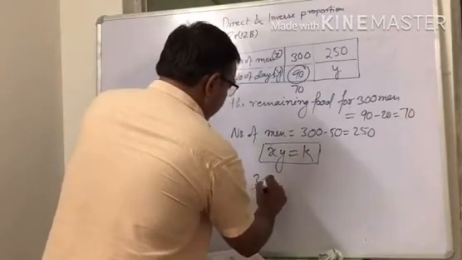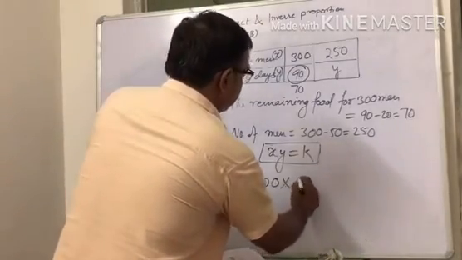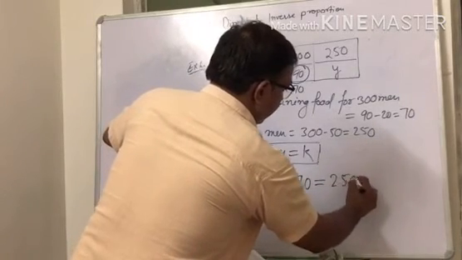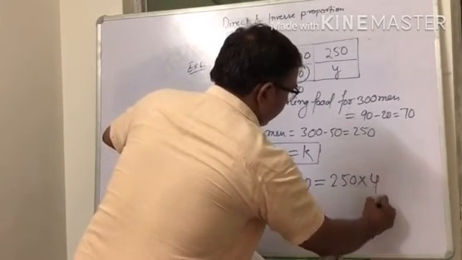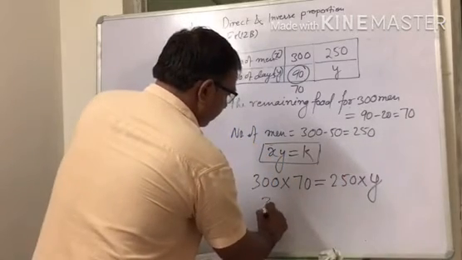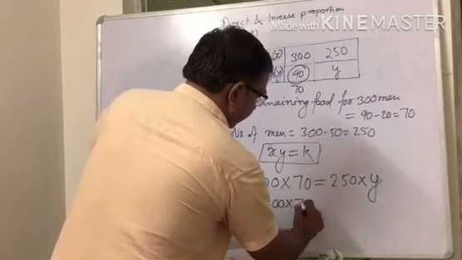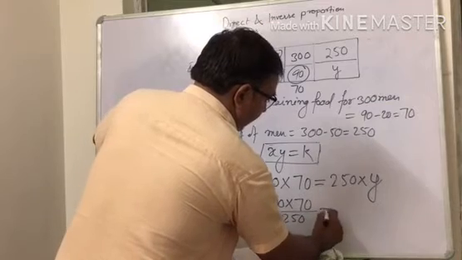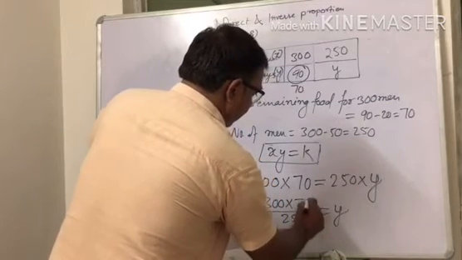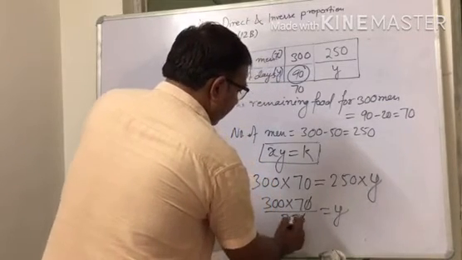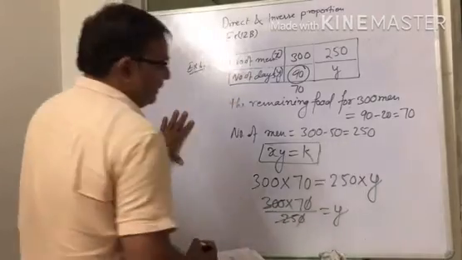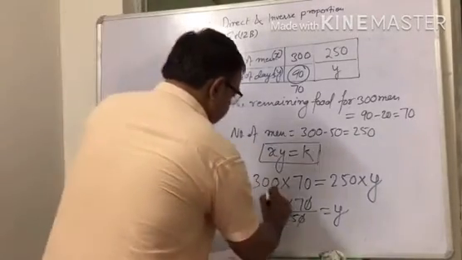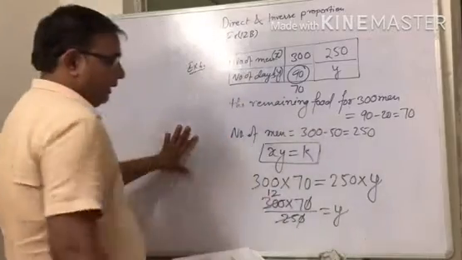Now 300 times 70 is equal to 250 times y. So this is 300 times 70. We just transfer 250 here for y. Now this 0 and 0 cancel, and 25 and this cancel. 25 tens are 250, 25 twelves are 300.